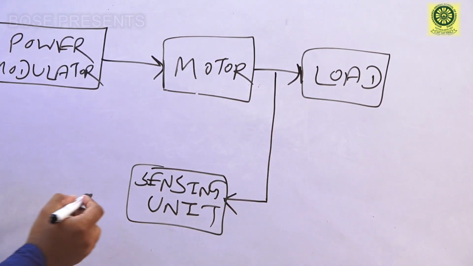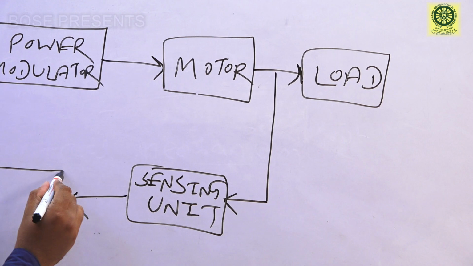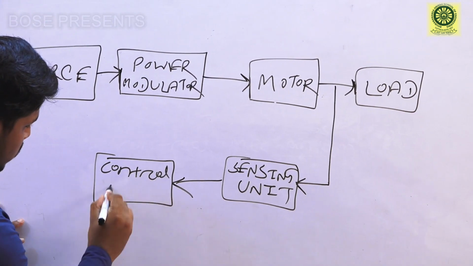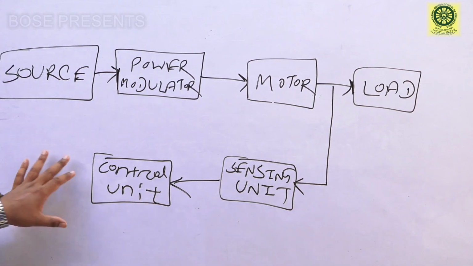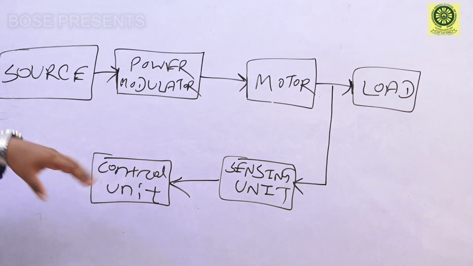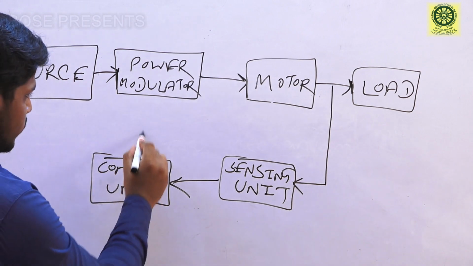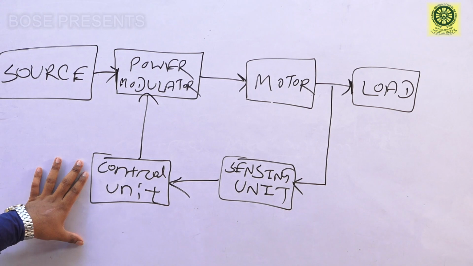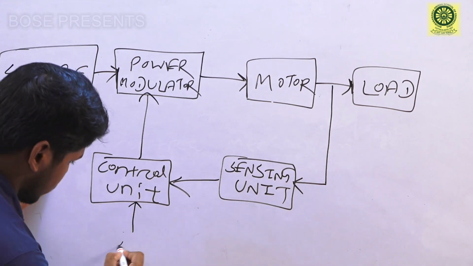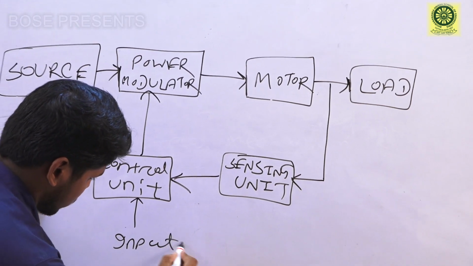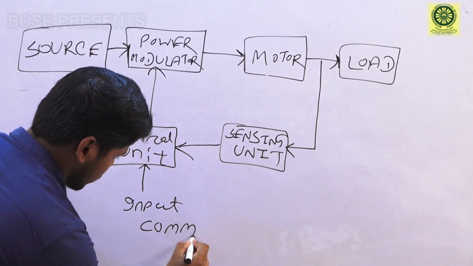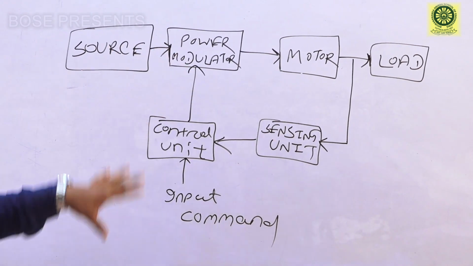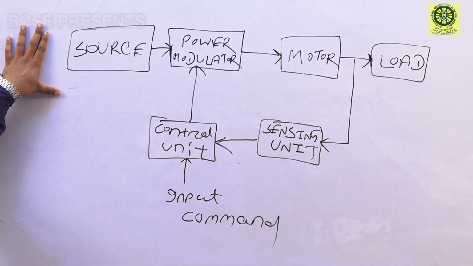From the sensing unit we feed to the control unit, and from the control unit we feed back to the power modulator. To the control unit we provide some input command. So we will discuss one by one. First of all, the source.